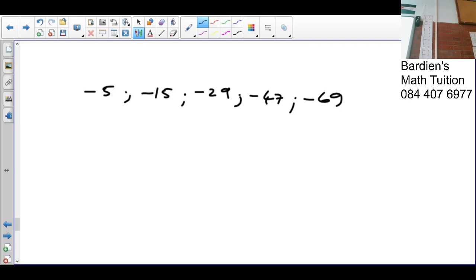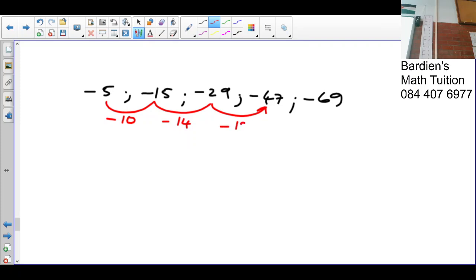So, what do we do for the quadratic pattern, or any number pattern? We try and either find a constant difference or a constant ratio. Not so? You always try and find one of those. So here, how do you move from one term to the next? We are subtracting 10 and then subtracting 14 and then negative 47 minus 29.